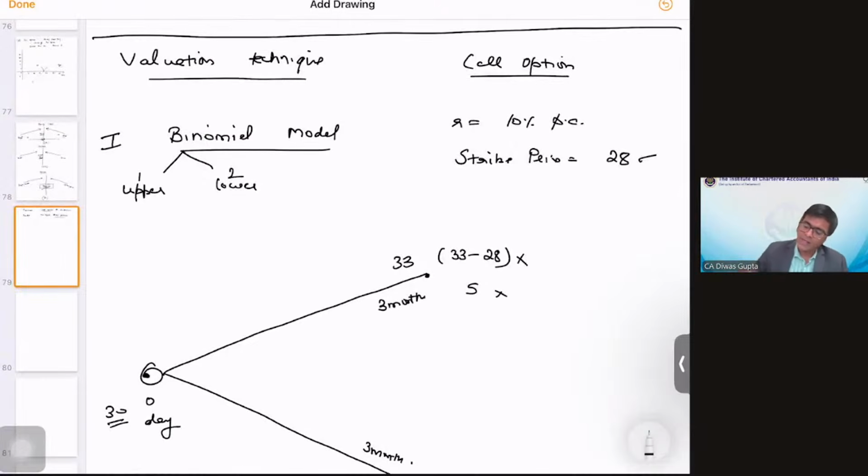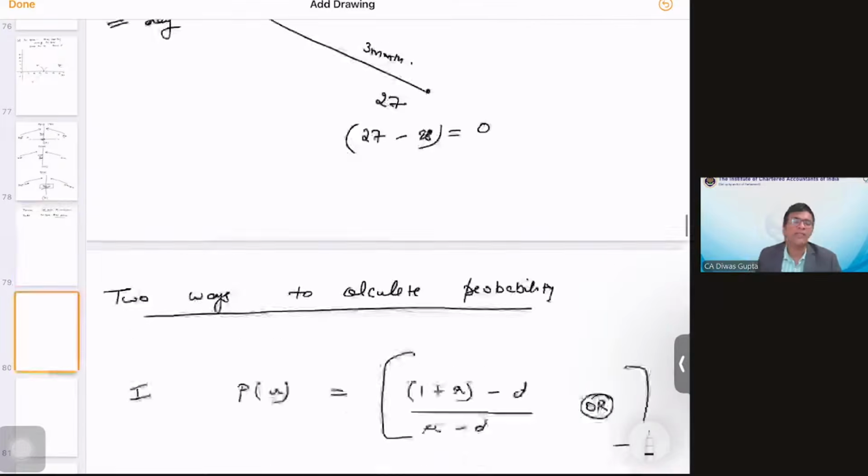So here, if R is per annum of 10%, so R for 3 months becomes what? 10% divided by 12 into 3. Very good, Sambhinathan. It's 2.5% quarterly. The interest becomes quarterly 2.5%.